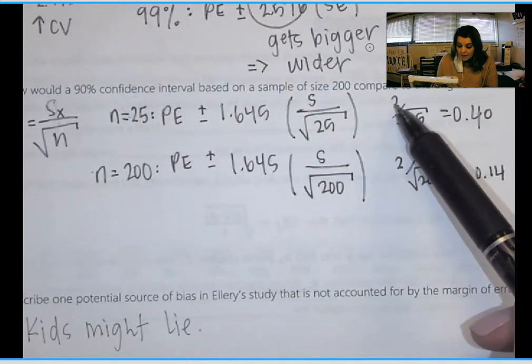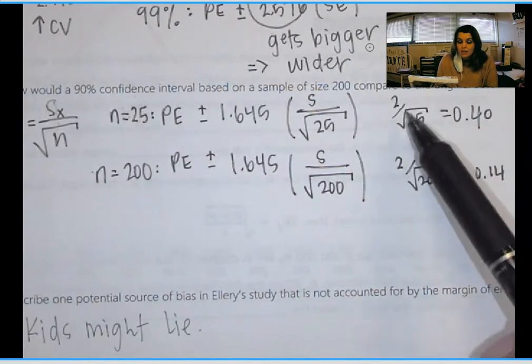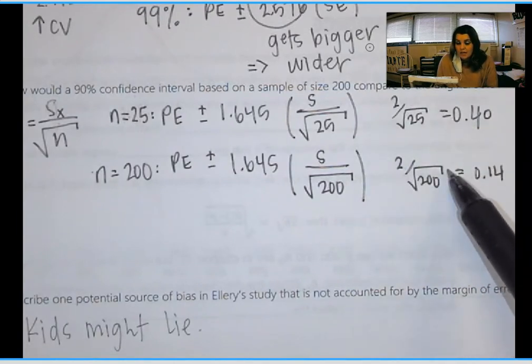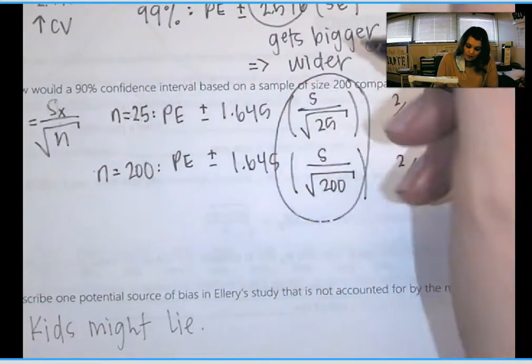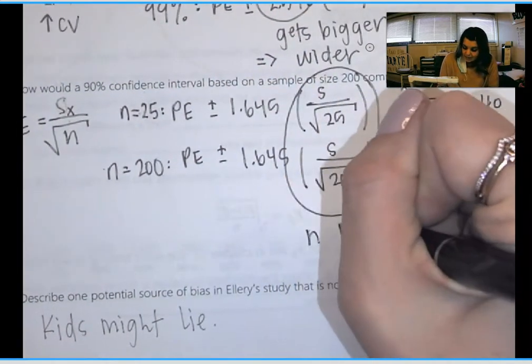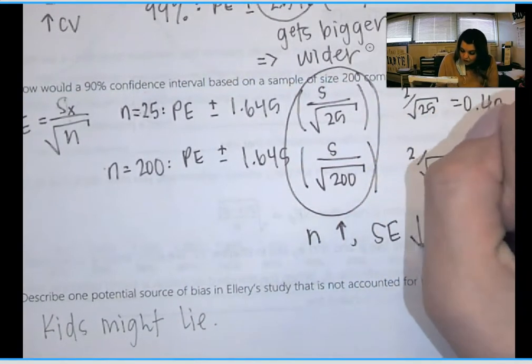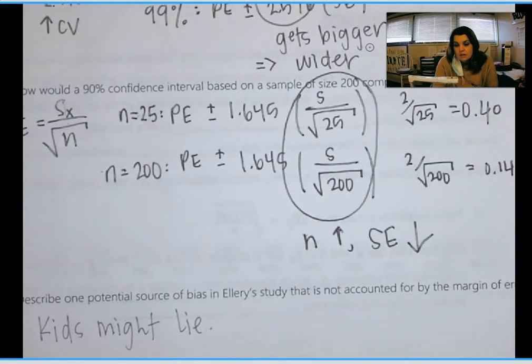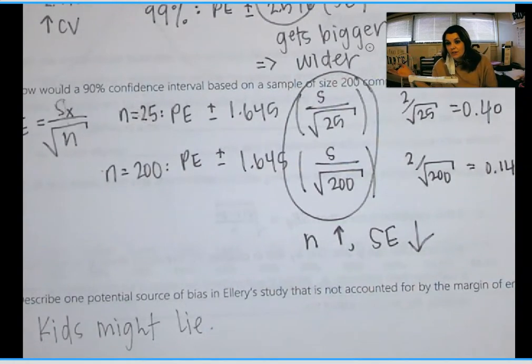This 2 I made up, just to give you a concrete example. So as n increases, standard error decreases because the bottom of your fraction gets bigger, and the result becomes smaller.